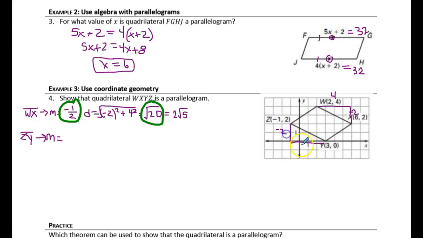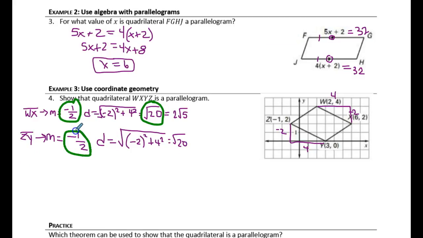So this is -2 over +4, which gives me -1/2. And my distance is this length right here. The length of ZY is going to be the square root of negative 2 squared plus 4 squared, which gives me the square root of 20.